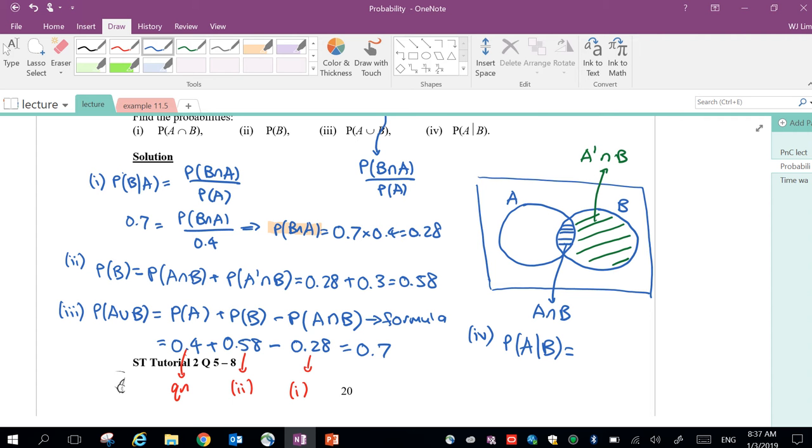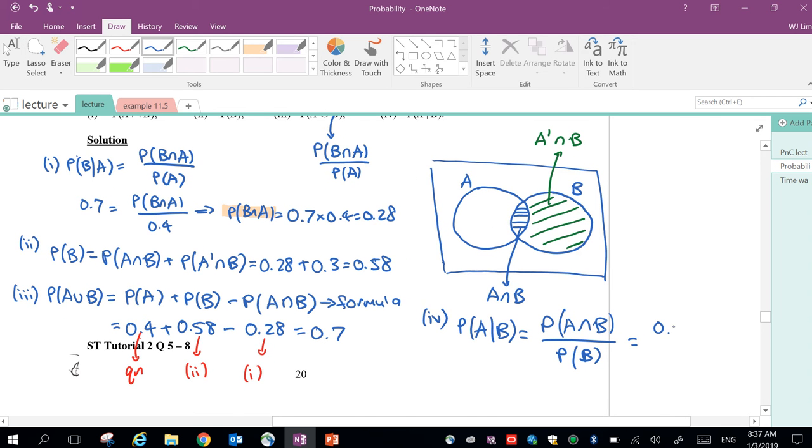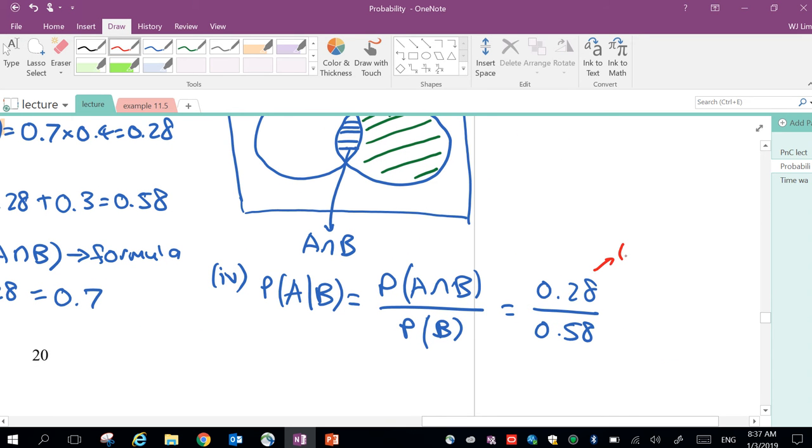A intersect B divided by probability B. So A intersect B is 0.28 divided by 0.58. 0.28 is found in part 1, and 0.58 is found in part 2.